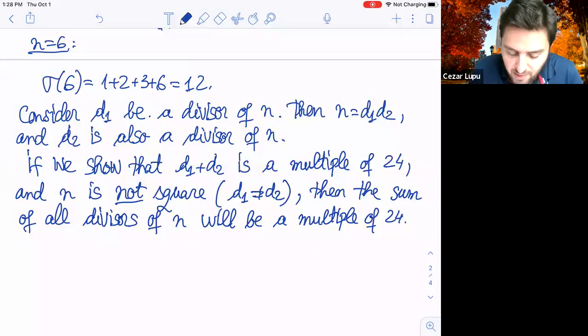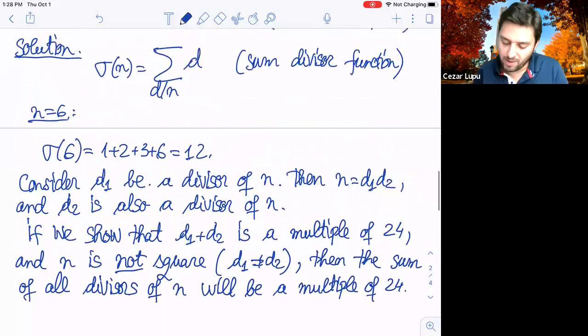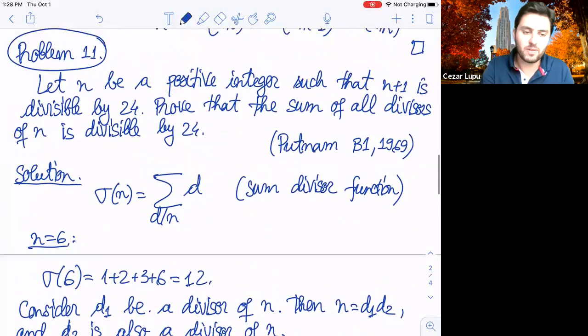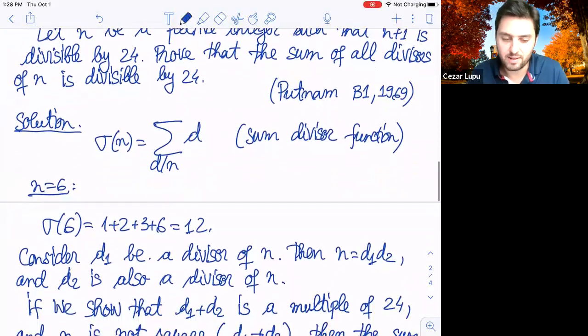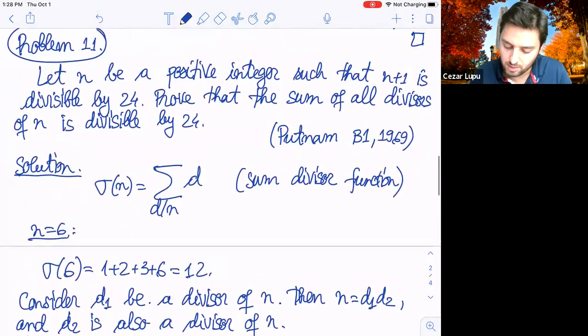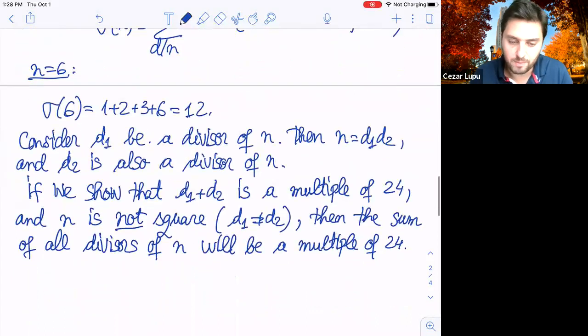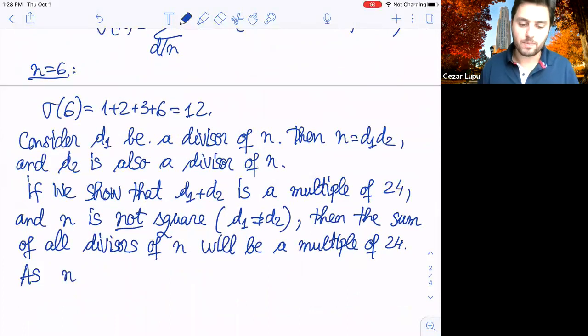And now let's look very carefully here. Let's go back and explore this, because we've done this trick. So n is a positive integer such that n plus 1 is divisible by 24. What do we know? We know that n is congruent with 23 mod 24, right?